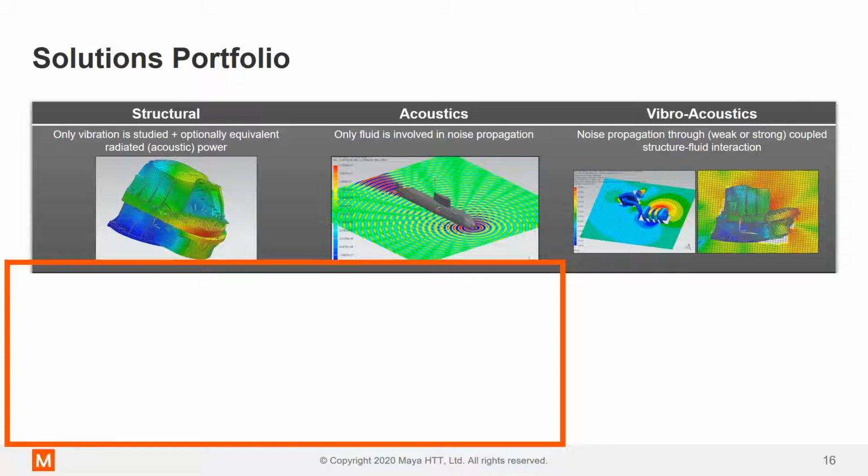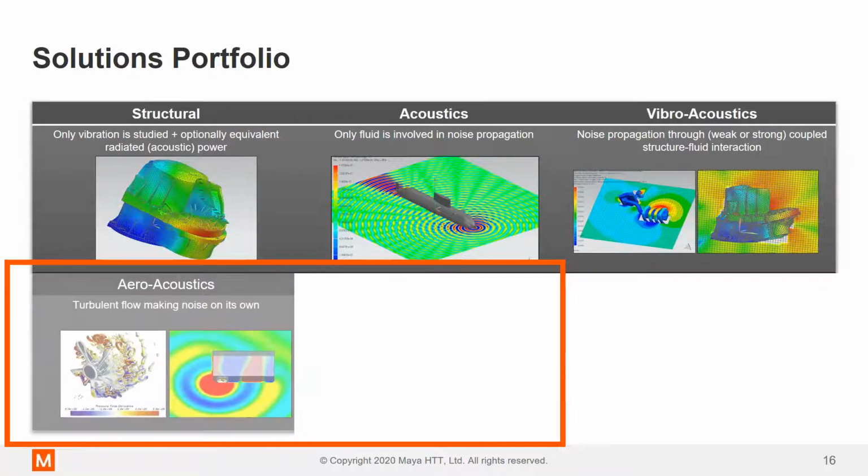Now, at the bottom left, we have aeroacoustics. Here the noise generation mechanism is captured, which involves more fluid dynamics physics, as we mentioned before. However, the noise propagation is considered to be purely acoustic. So this can be captured within STAR-CCM+ without the help of any other tool.